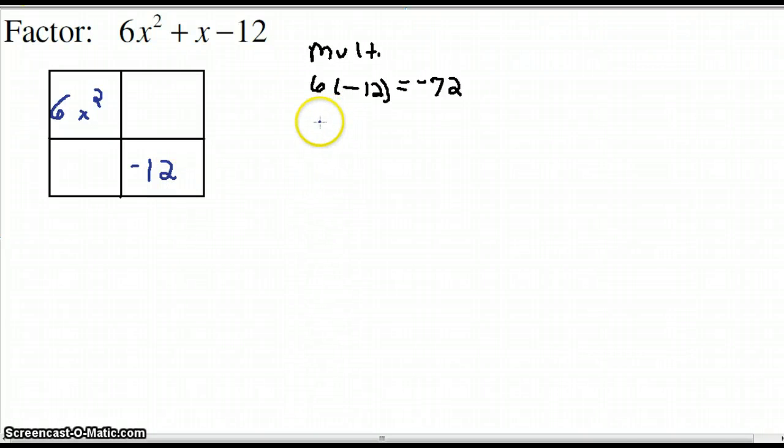And then what we need to find, in order to figure out what to put in these other 2 squares, by us doing this multiplication of the a and the c, it's our job now to find 2 numbers, m and n, that multiply to negative 72, and when we add them together, we get a positive 1.